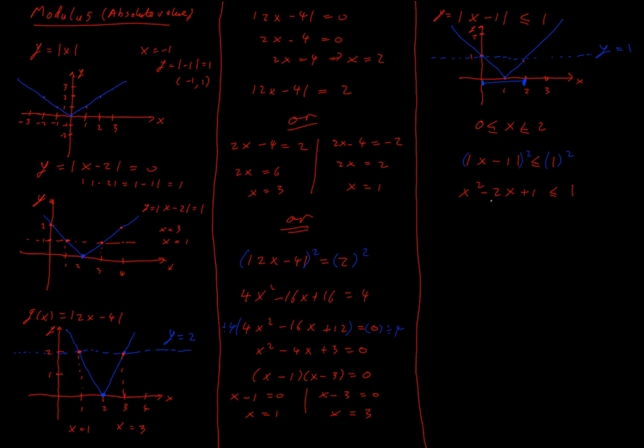I know now that I've got a quadratic inequality, I'm going to treat it like a normal inequality and then draw a graph, a sketch, to figure out my range of values. I already know from the graph what it's going to be, but I want to work it out algebraically as though I didn't know. So I'm going to solve here. I want everything over on the left hand side because I'm solving a quadratic. I get x squared minus 2x is equal to 0.